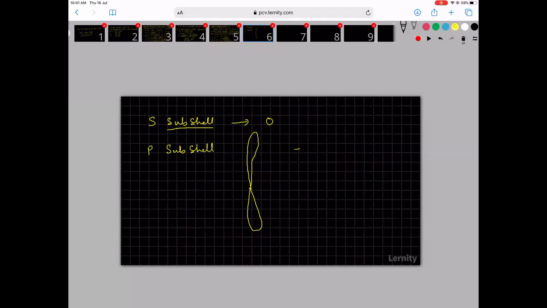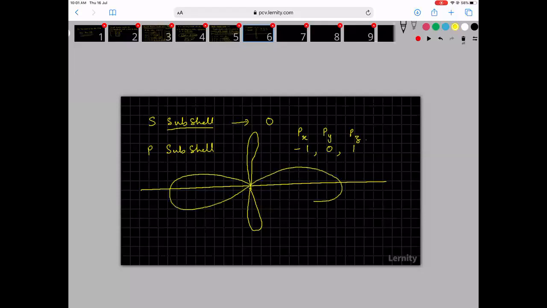And it has 3 compartments, minus 1, 0, 1. Okay. So this one is referred to as Px. Another one is referred to as Py. Another one is referred to as Pz. Okay. So one is like this along the x-axis. One is along the y-axis and another one is along the z-axis.